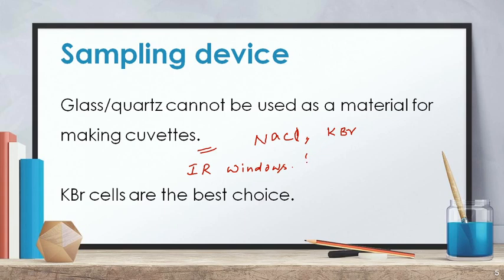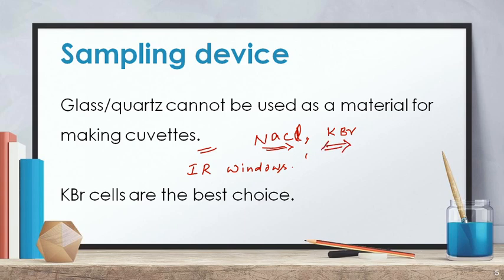The KBr cells are the right choice because sodium chloride starts absorbing in this region. So even though sodium chloride is transparent in the IR region, this region is the starting point for sodium chloride, so sodium chloride is also avoided. The better choice is potassium bromide.